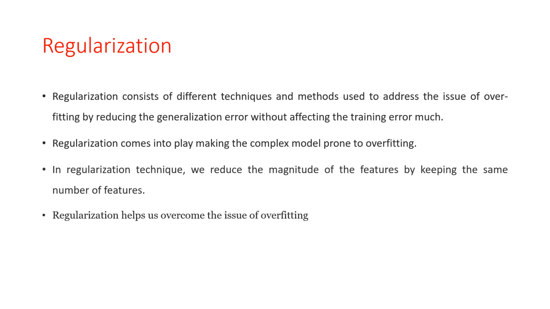As I said in the previous lecture, overfitting is when different noises are present in the given model, so the machine cannot handle this noisy data, and the performance becomes low.